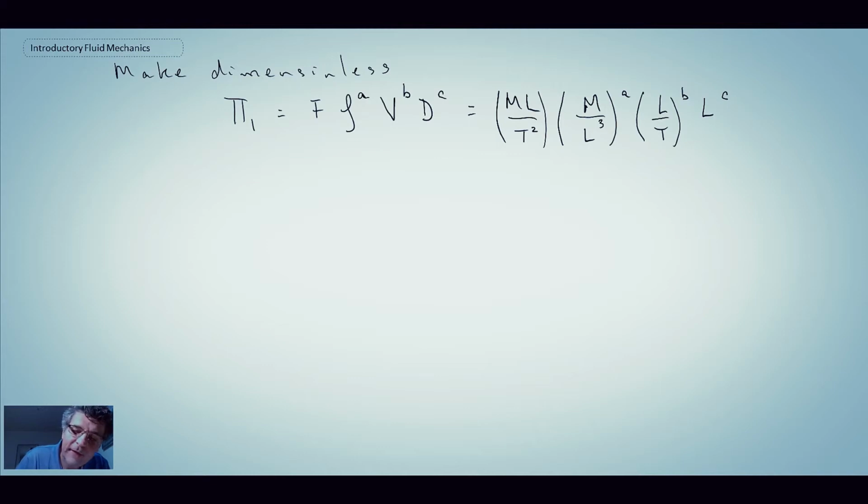So we have that, and we've raised it to powers A, B, and C. We want to equate this to mass, we want to have 0 dimensions, length, we want to have 0 dimensions, and time, we want to have 0 dimensions.